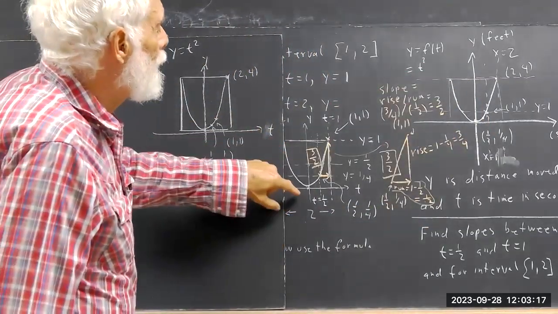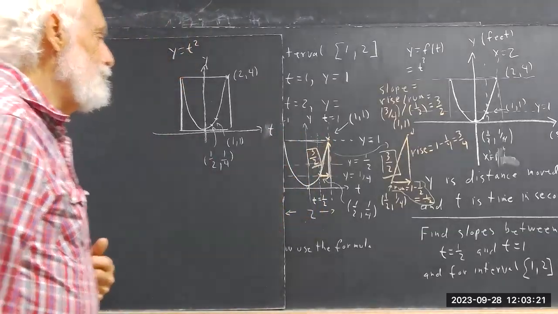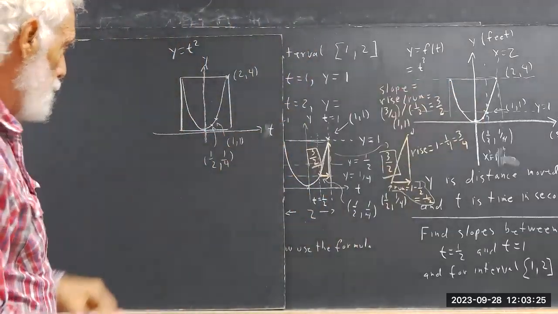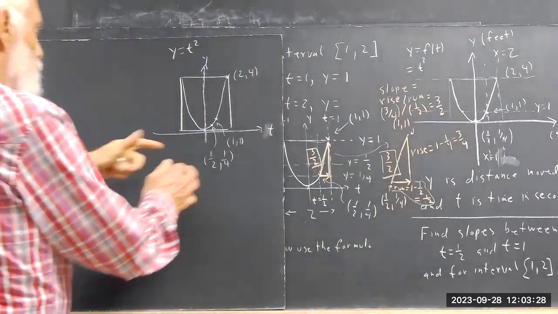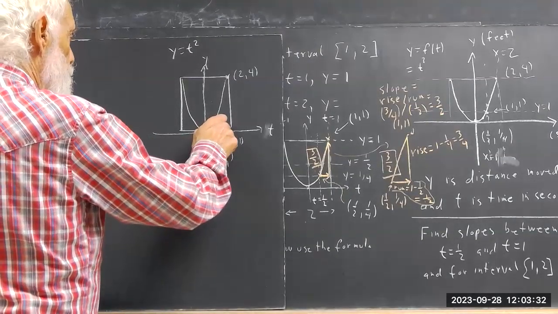This picture gives a close-up of these two. It's an enlarged picture. We've got these points and we have calculated the slopes.